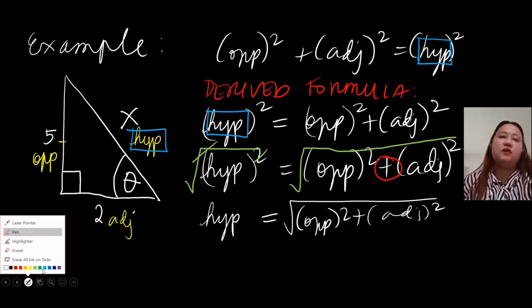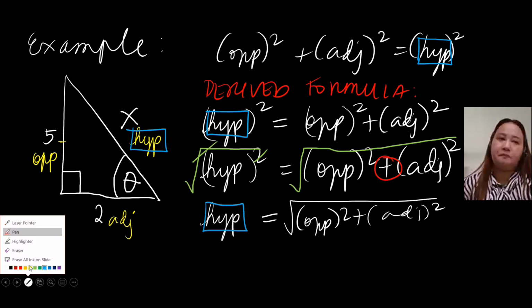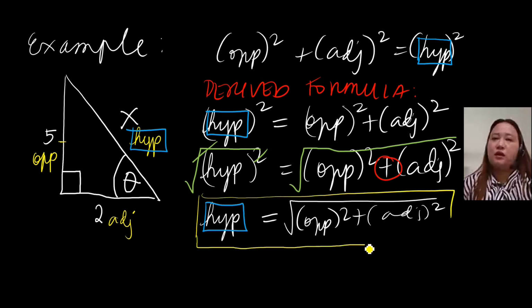Okay? So as you can see, we are able to have on one side the unknown. So it is alone. Therefore, this is our derived formula. And we're gonna use this later to solve the triangle.